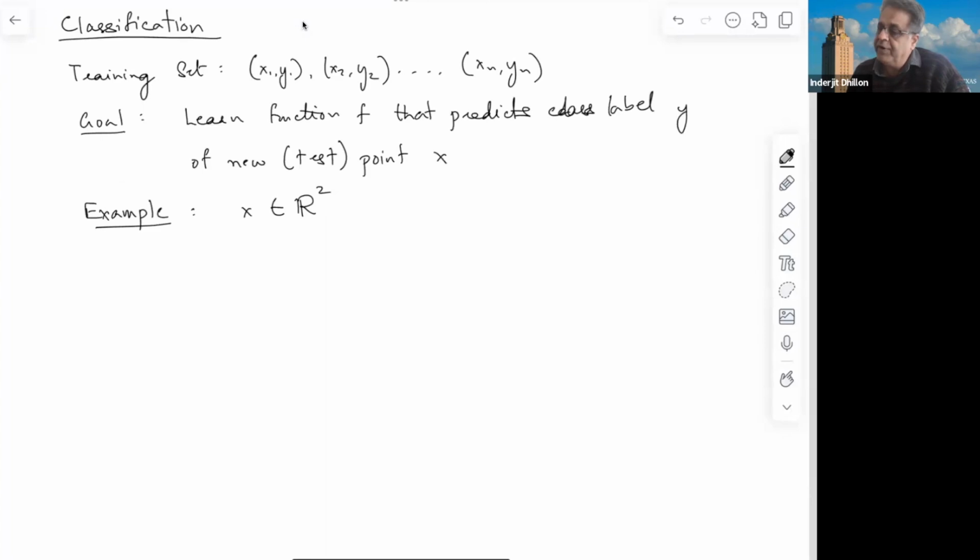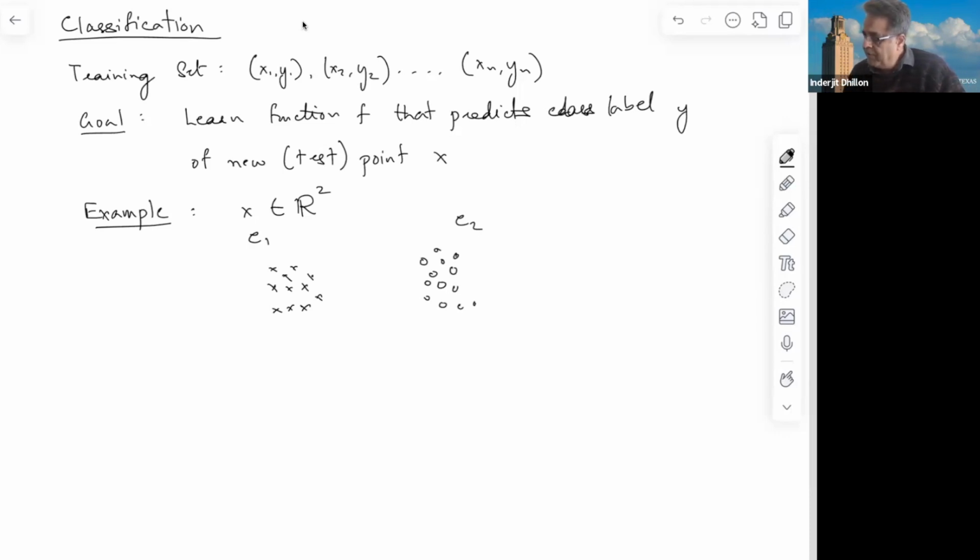Suppose these crosses represent the x's that belong to class 1. And the circles are the x's that belong to class 2. Okay, so this is C1, this is C2.